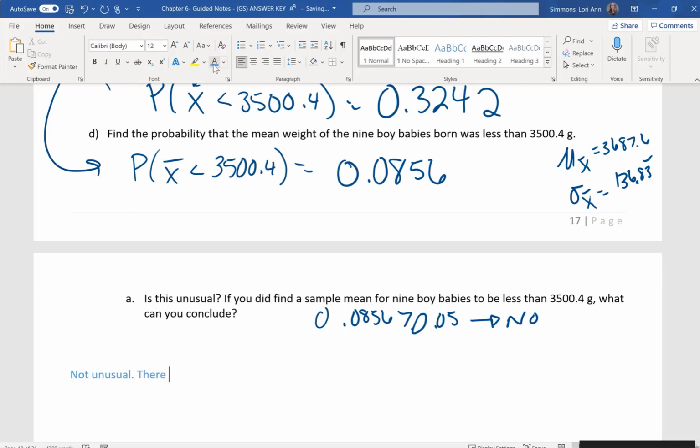What we conclude is that there is an 8.6% chance the mean weight of 9 boy babies born of European descent would be less than 3,500.4 grams.